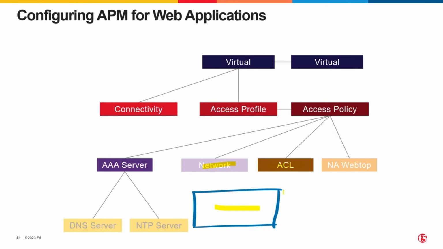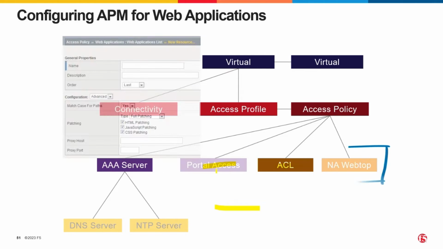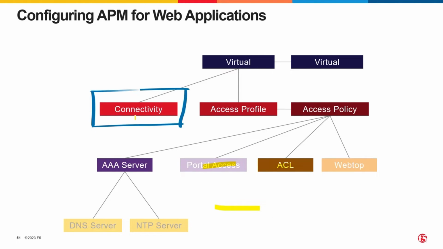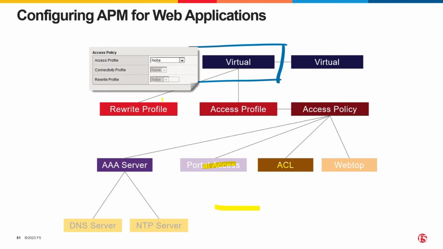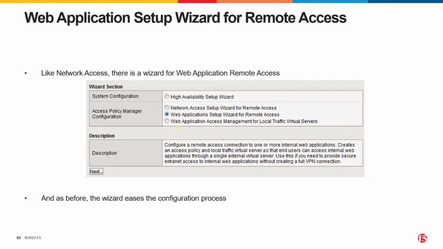We are not doing VPN when talking about portal access, so we don't need this network, and we don't need this connectivity profile. Instead of having a connectivity profile for the virtual server, we will need a rewrite profile in that case. So a little bit different methods.